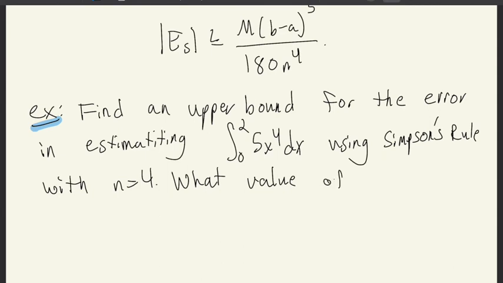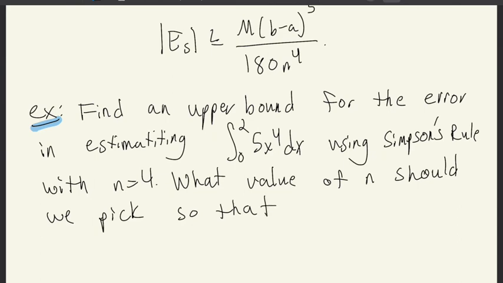And the second part of this question is, what value of n, little n, should we pick so that the error is within 0.001 of the true value?